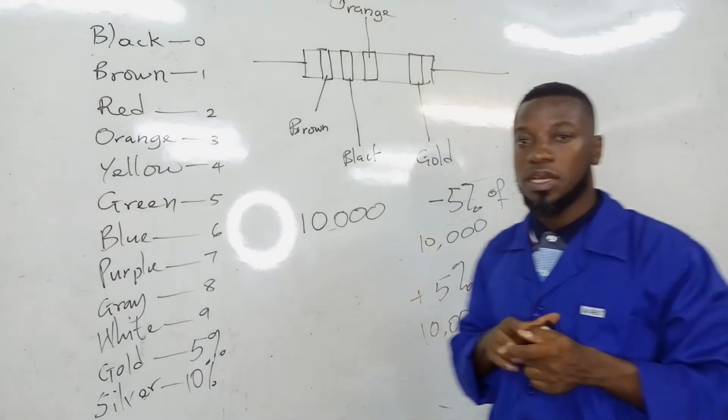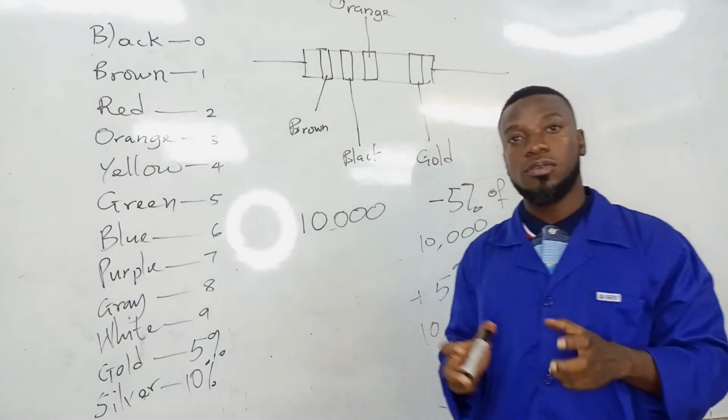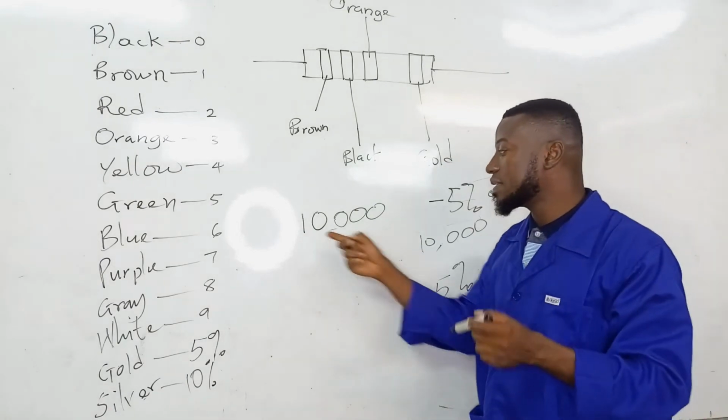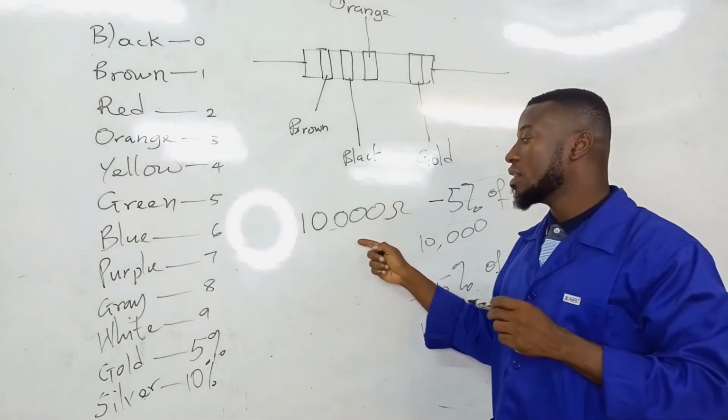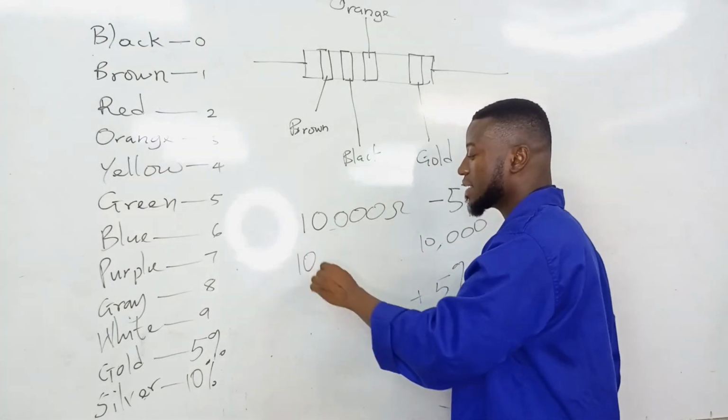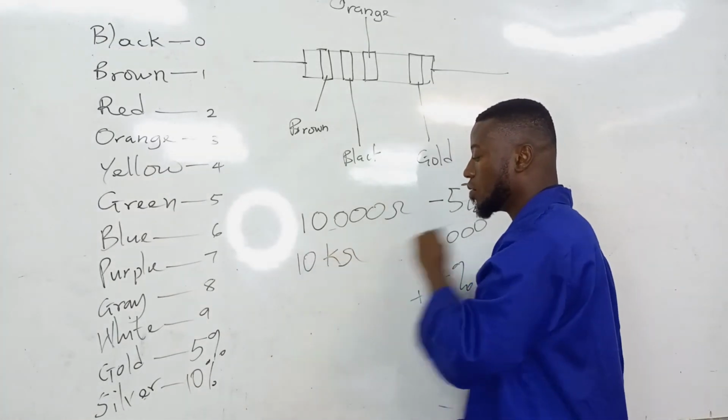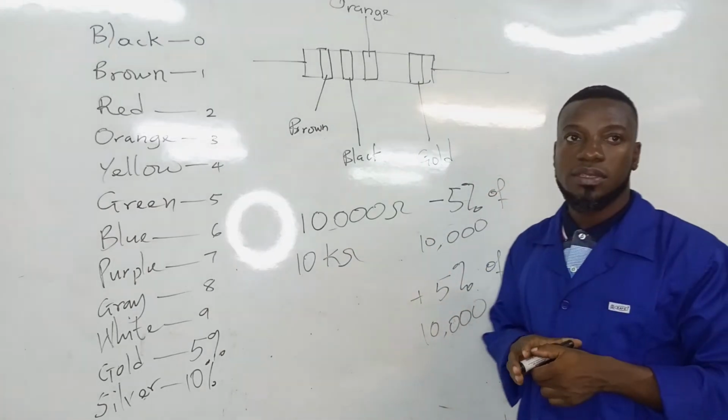Let's note also that 1,000 is a kilo. So as this is 10,000 ohm, we can say this is 10 kilo ohm.